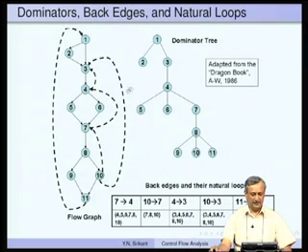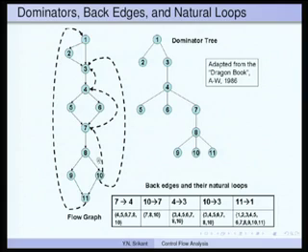Let us say we are looking at this particular edge, 10 to 3. We start from 3, we want to go to 10, we look at all the nodes through which we can reach 10 and include those nodes. So 3, 4, 5, 6, 7, 8, 10, these are all the nodes which we travel.